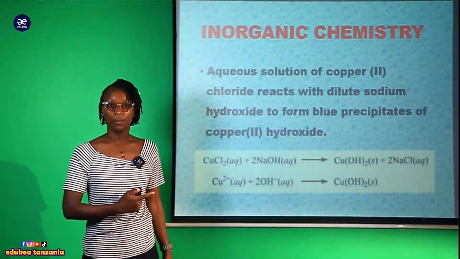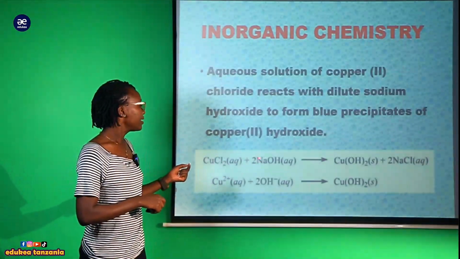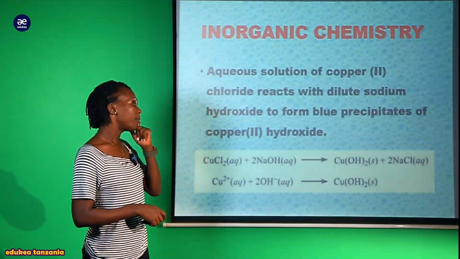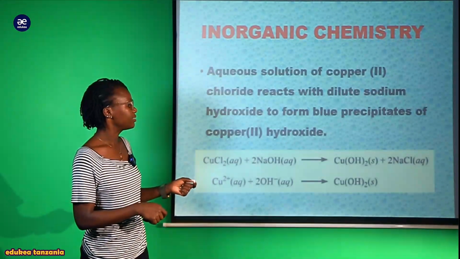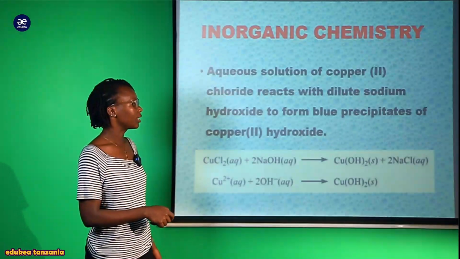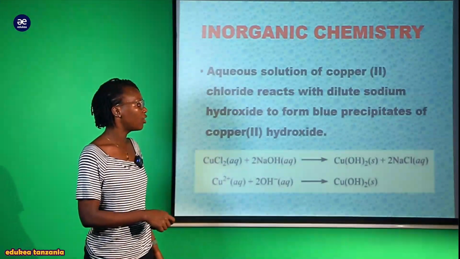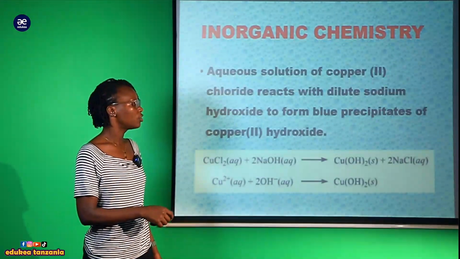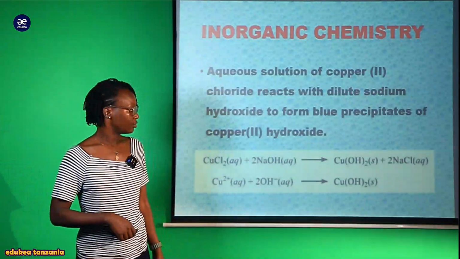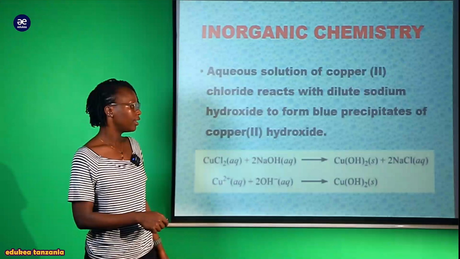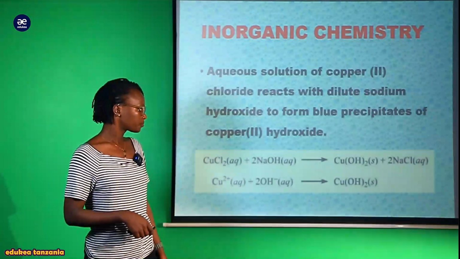So kuna uwezo wa kufanya replacement. Ina maana kwamba utaona kwamba huyu chlorine ataweza kuwa replaced with OH. That's why tunaenda kutengeneza hii hydroxide compound ambayo ni copper hydroxide, but also we are going to form the sodium chloride as a salt. The salty solution, this one, sodium chloride, the aqueous salt.